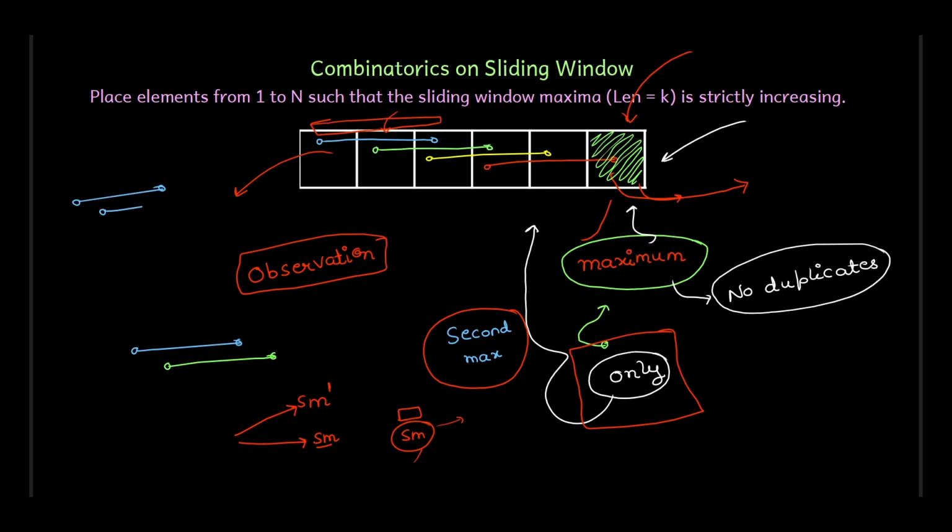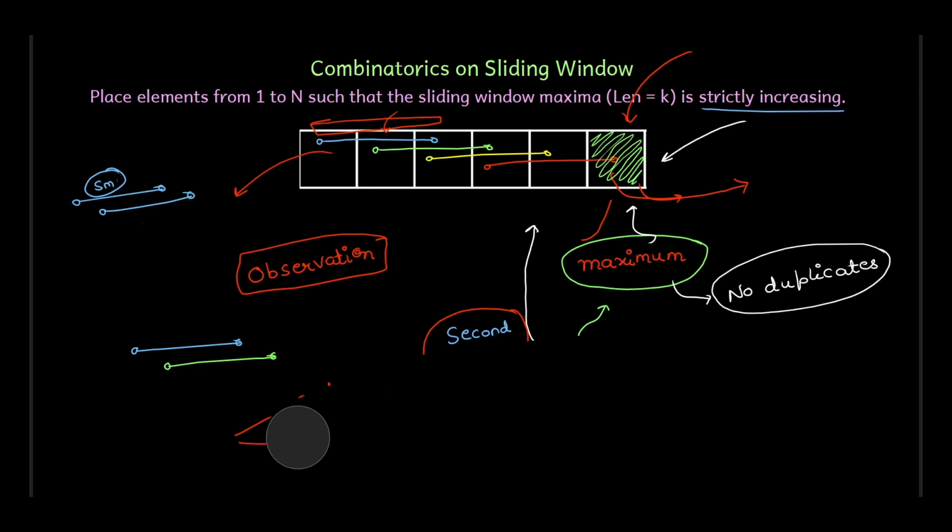Because if the second maxima is over here and after this a window starts, then both of them will not satisfy this strictly increasing behavior, because the second maxima is as good as the maxima of this entire array, because the maxima is not participating anymore. So this means that the second maxima has to be in the last window only.